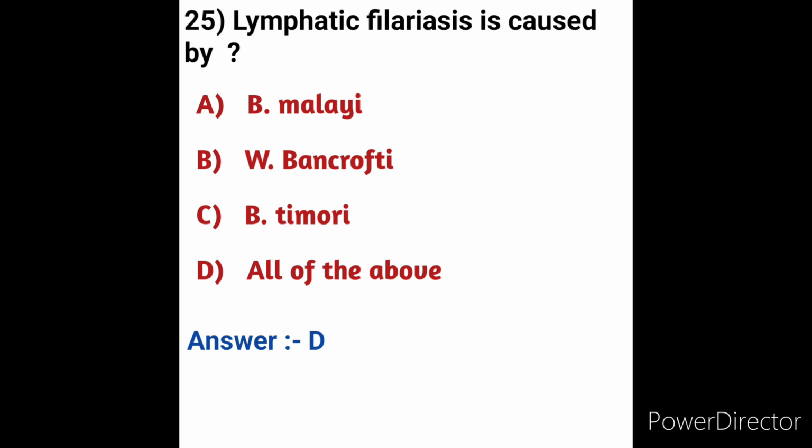Lymphatic filariasis is caused by infection with parasites classified as roundworms of the family Filariidae. The types of filariasis are in these options; all of the above is the correct answer, because the roundworm family is classified into 3 types.